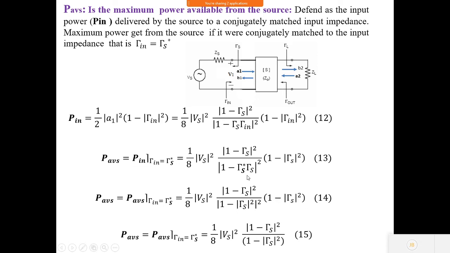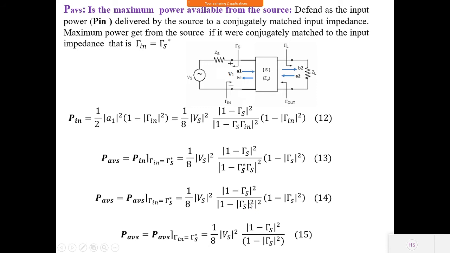Further, if you simplify, Γ_s times its complex conjugate is nothing but the magnitude of Γ_s squared.